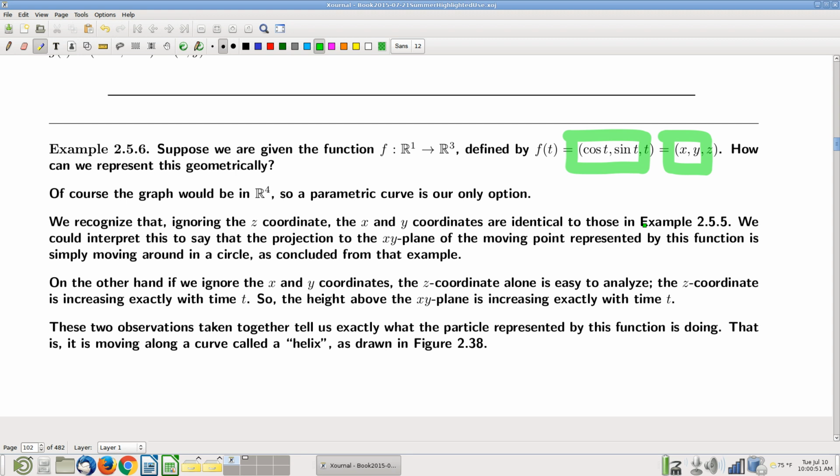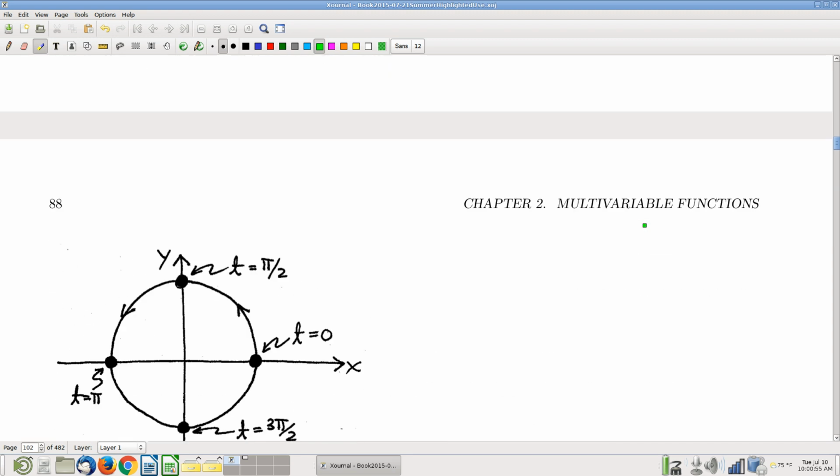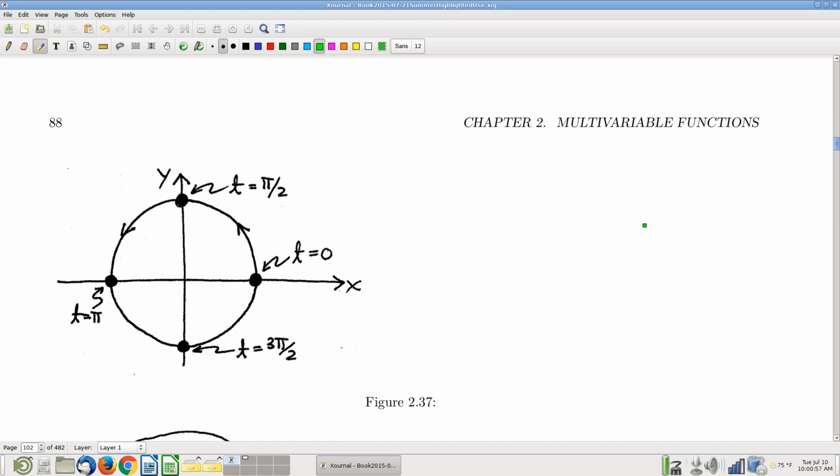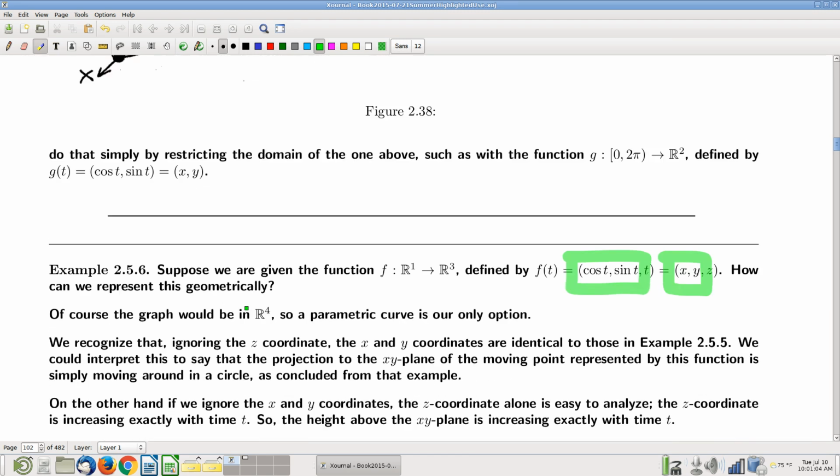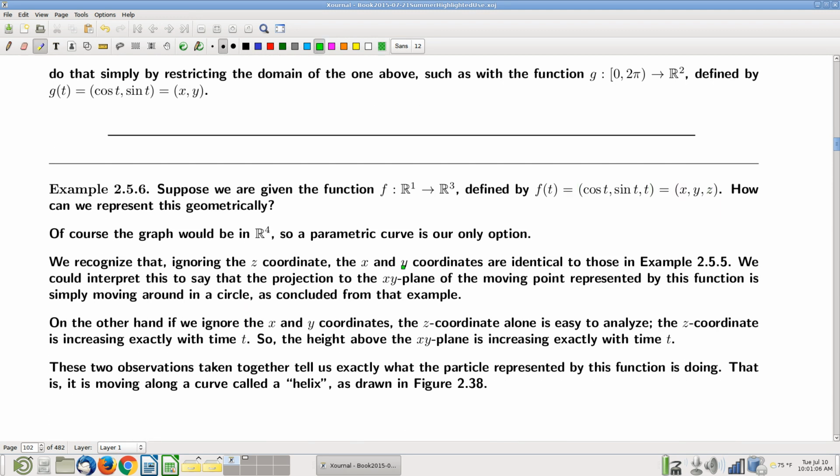In other words, let's just look at the x and y coordinates. Well, we've already understood what the x and y coordinates are doing. They're going around in a circle. Now, having understood that, next question: what's the z coordinate doing by itself? Well, that's easy. z is just increasing with t because z is t.